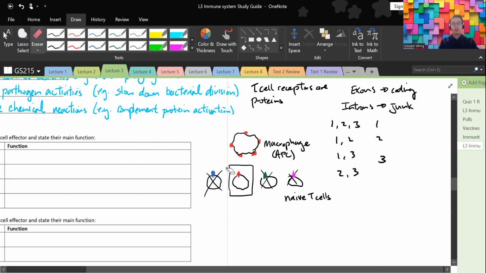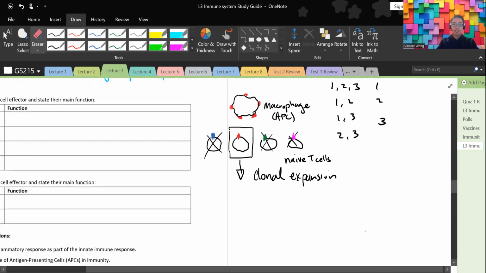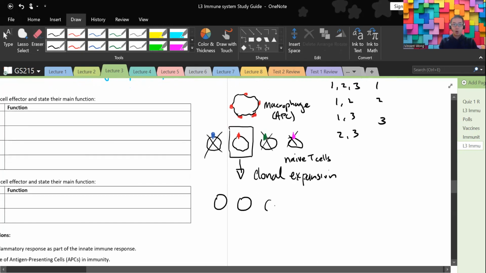If you find the right one, it will undergo clonal expansion. It will make many, many copies of itself. All of them would have the red receptor, because that's the one that you need.